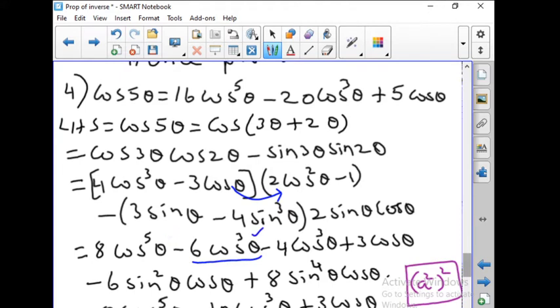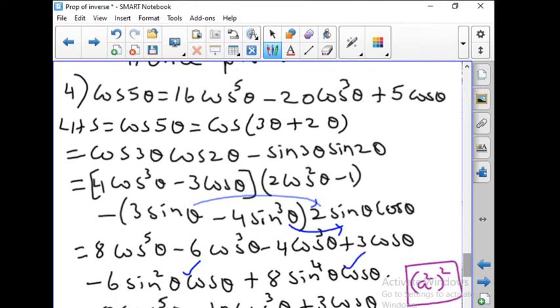Then minus 4 cos cube theta, and then plus 3 cos theta. Then you carry 2 sin theta cos theta inside. So we get minus 6 sin square theta cos theta plus 8 sin power 4 theta cos theta.